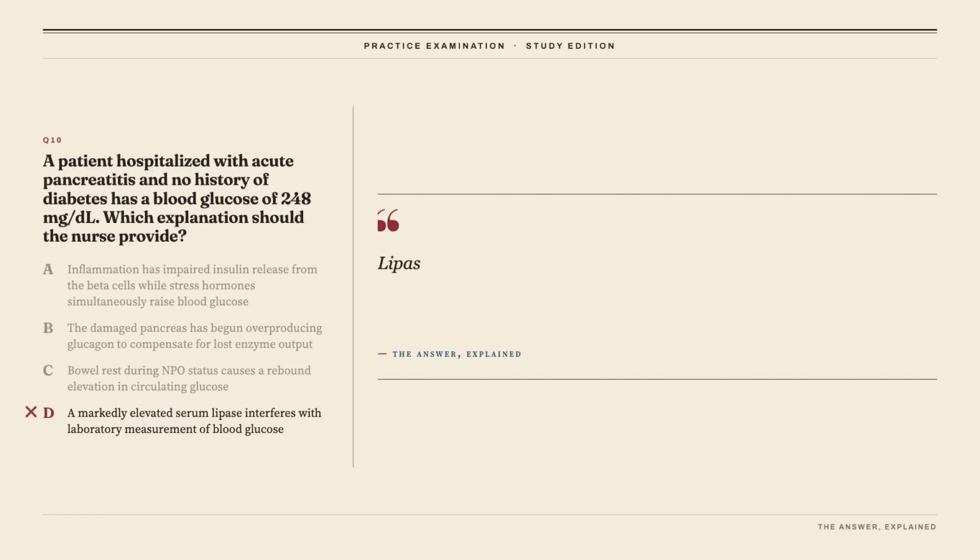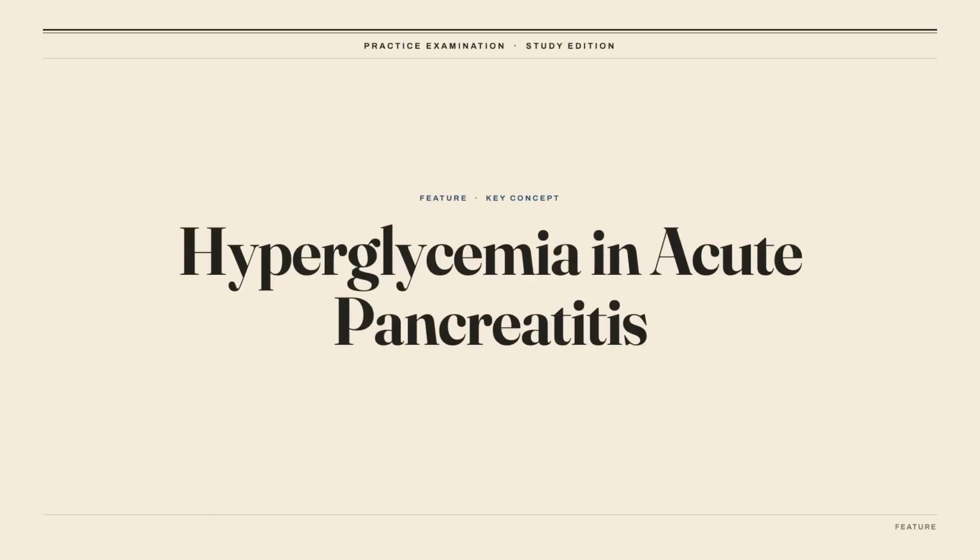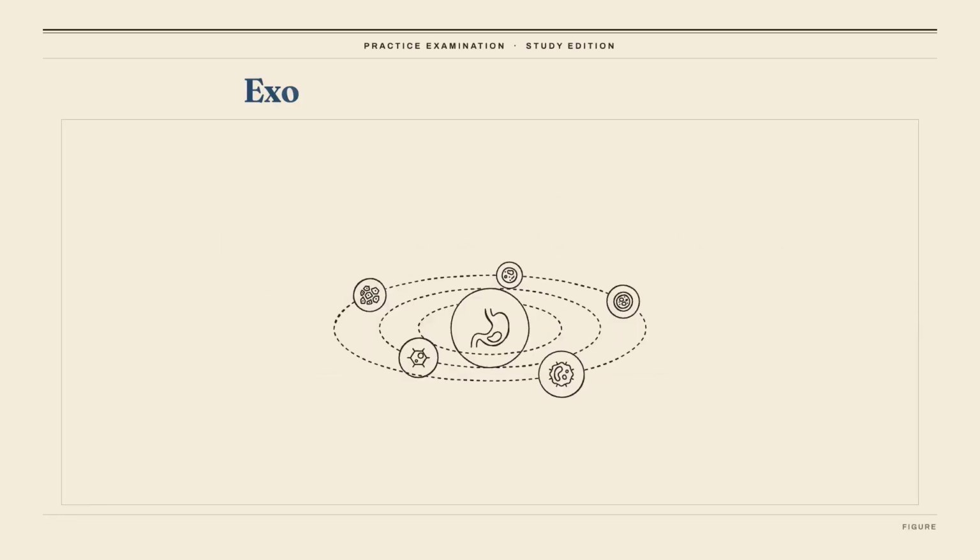D is wrong because lipase does not interfere with glucose assays, and there is no laboratory artifact here. Treating a real hyperglycemia as a lab error would delay needed insulin. Glucose above 200 on admission is one of the 5 Ranson criteria, so it's not just a number to fix. It's prognostic information the pancreas is giving you.